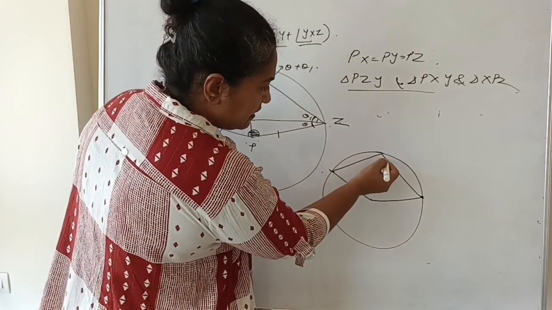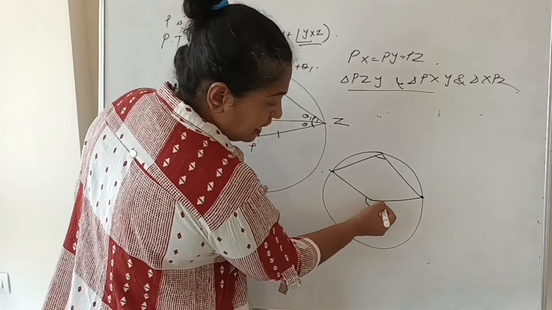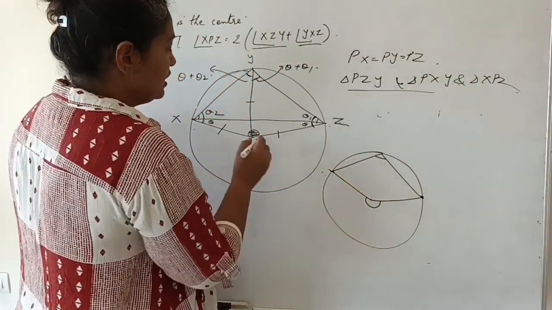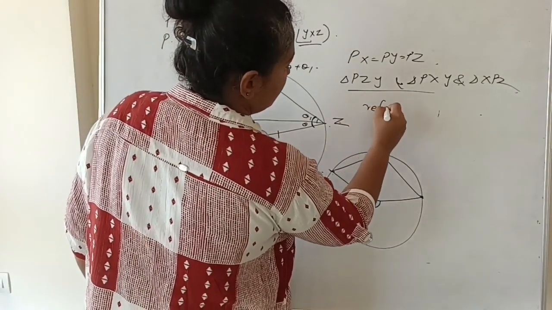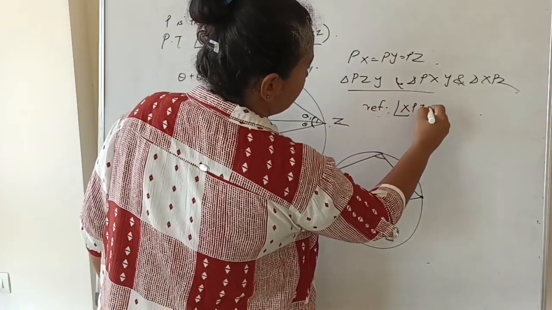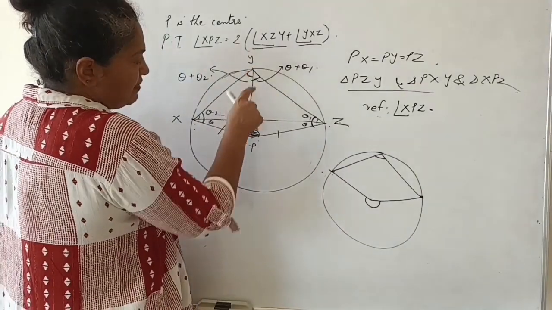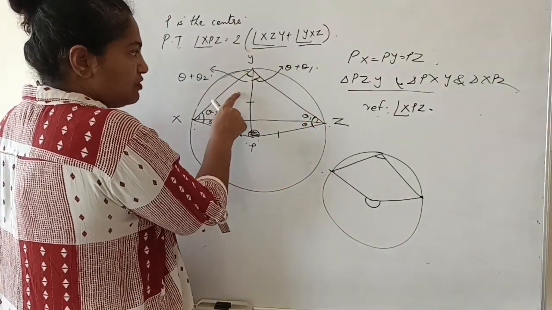So we know that there is a connection between this angle and this angle, which is a reflex angle. Okay. So my reflex angle XPZ is equal to twice angle XYZ.